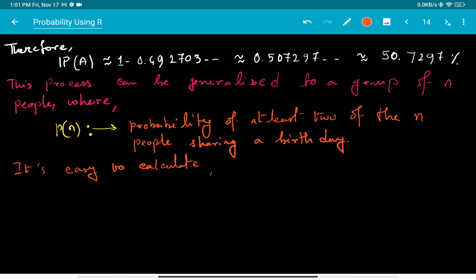So let's use p bar n, the probability that all n birthdays are different.